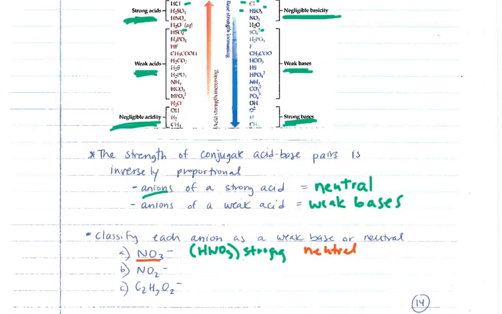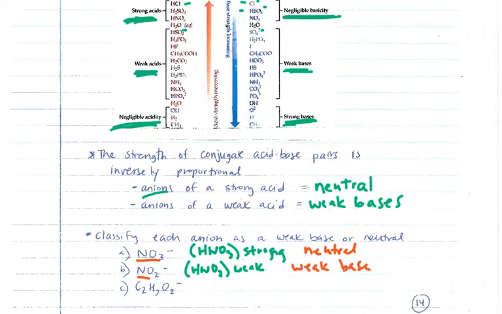NO2 minus, by contrast, comes from the acid HNO2, which is not a strong acid. It's a weak acid. And so this anion, NO2 minus, is going to act as a weak base.